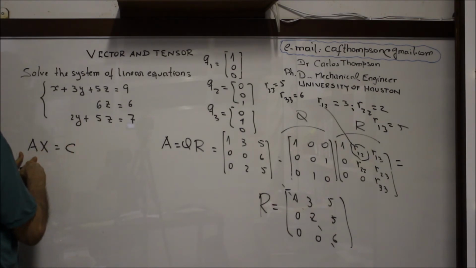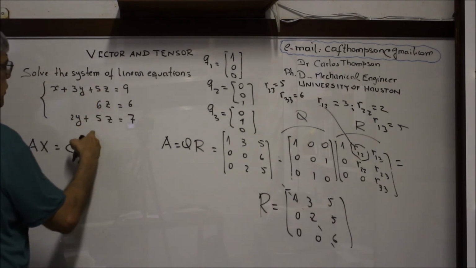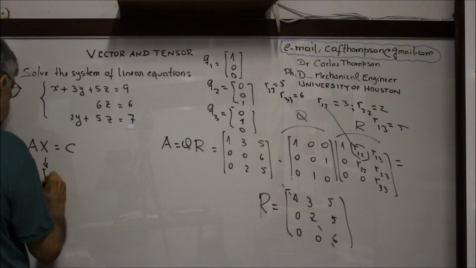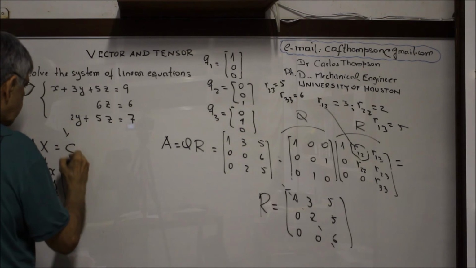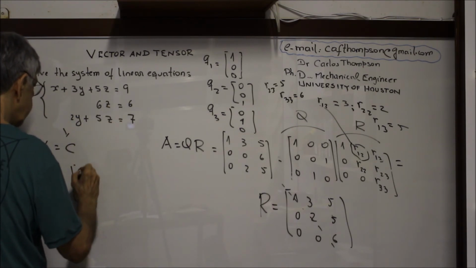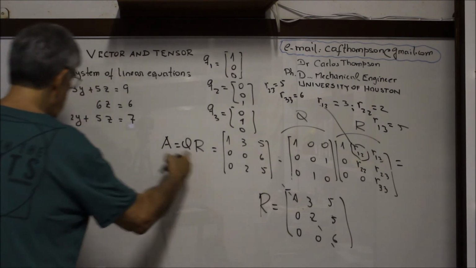The elements of A are the coefficients of each unknown, x, y, and z. This is my vector x, which is x, y, and z. This known vector is c, which is 9, 6, and 7. Now, Ax equals c, and I know that A is QR.